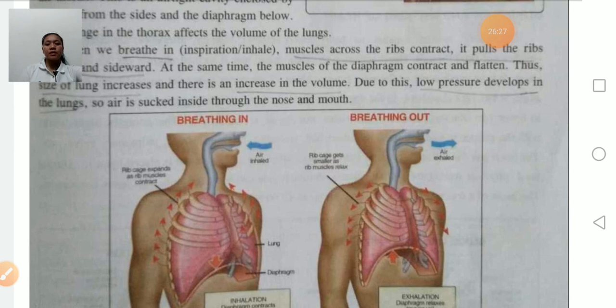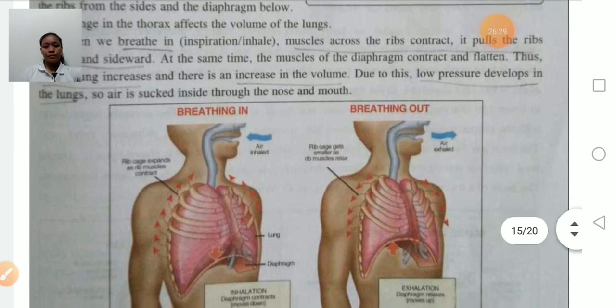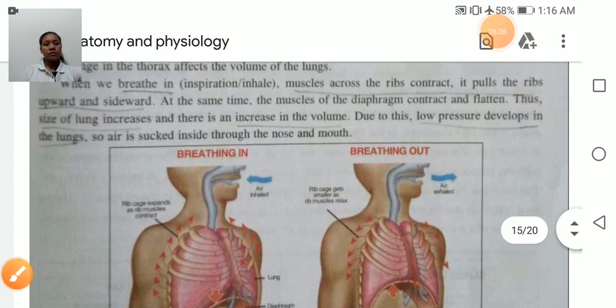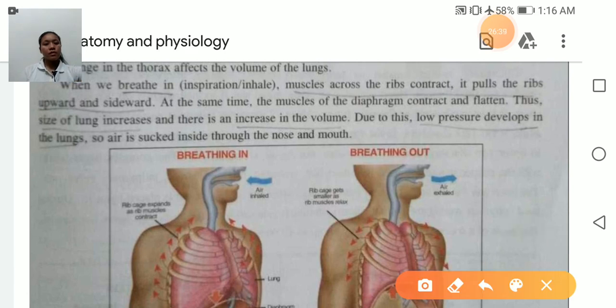It pulls the ribs upward and the diaphragm downward.